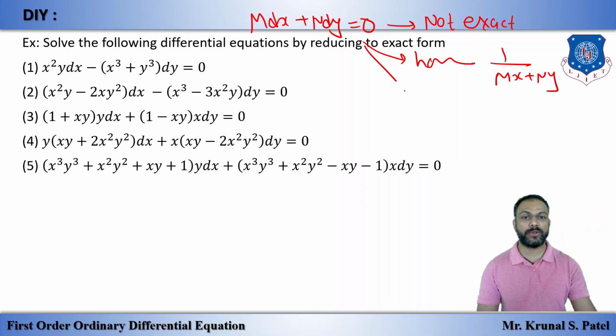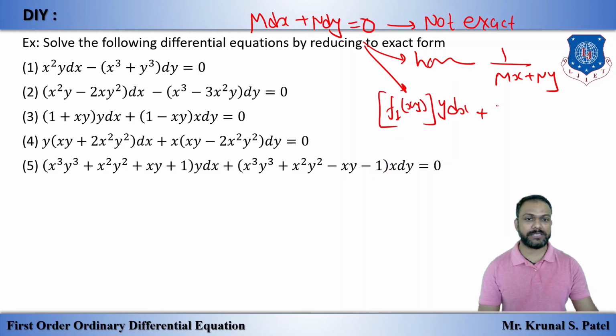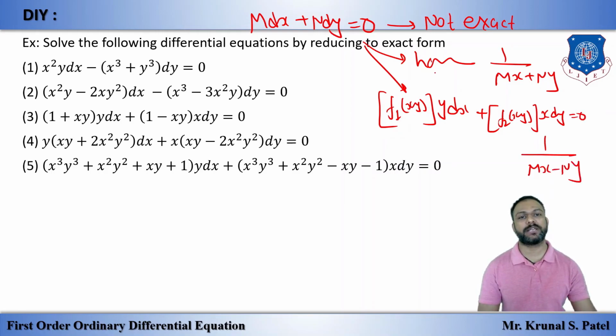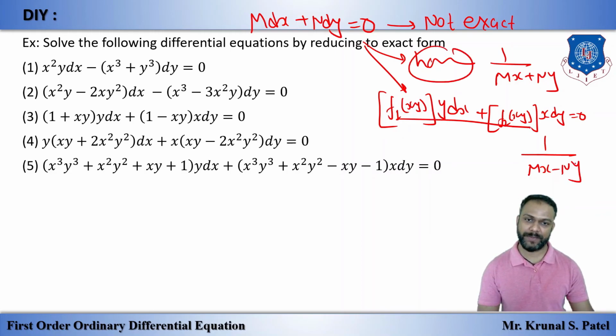And if it is of the particular form, which you should remember, function of xy into y dx plus function of xy and x dy equal to 0, then the IF is 1 upon Mx minus Ny. So you just have to remember: homogeneous, then plus, and particular form, then Mx minus Ny.